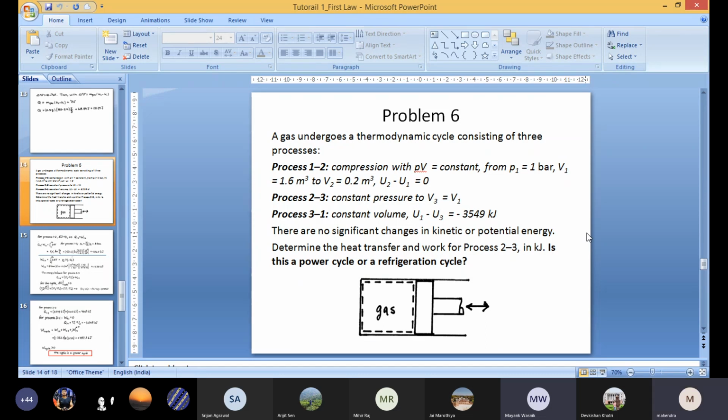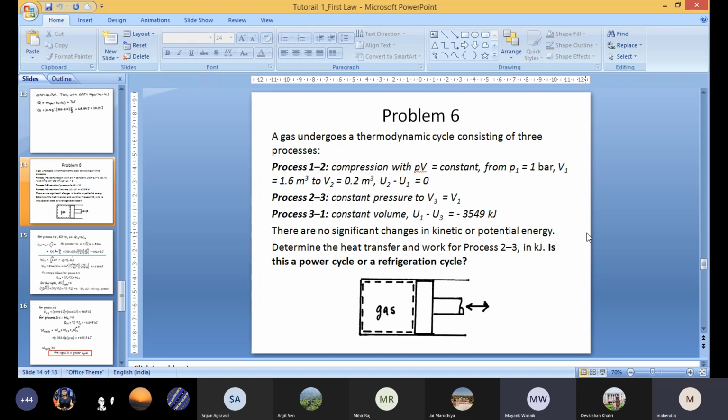We have two kinds of cycles. One is power cycle, another one is refrigeration cycle. The power cycles are giving you the power, and refrigeration or heat pump cycles are taking the power from you.